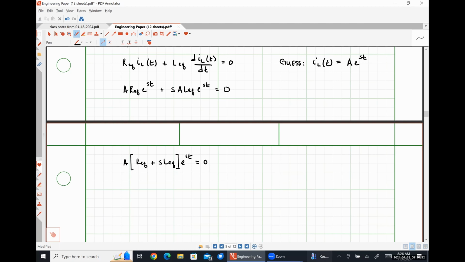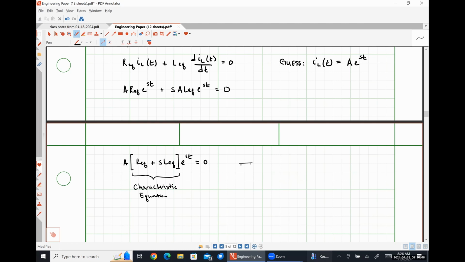So what we have to look at then is this guy here in the middle, what's called our characteristic equation, or our characteristic polynomial. And figure out what value of s will make that middle bit 0 for all points in time.